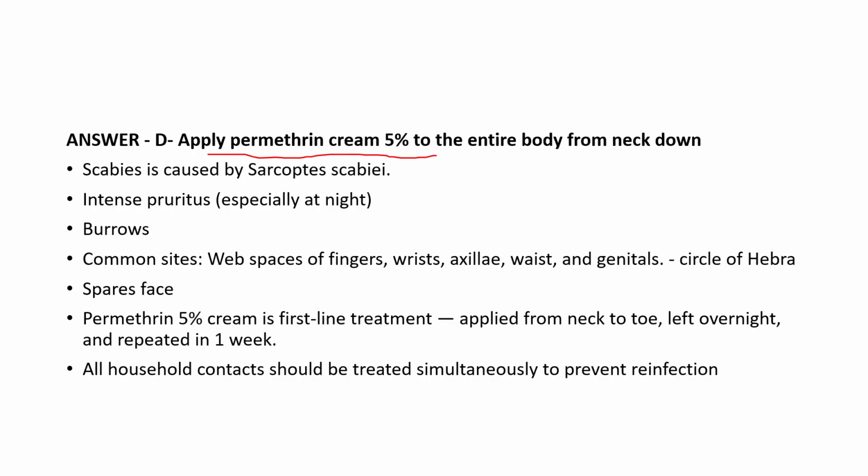This is a case of scabies caused by Sarcoptes scabiei. There is intense pruritus, especially at night, and the characteristic lesions are the burrows that you can see in between the web space or in the finger space. The common sites are called the circle of Hebra, that is your web space of fingers, wrists. There is involvement of the axilla, waist, and genitals.